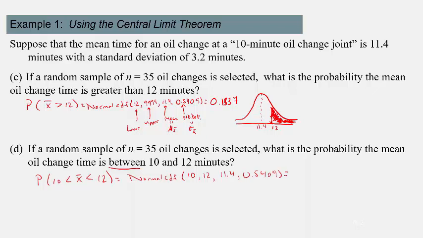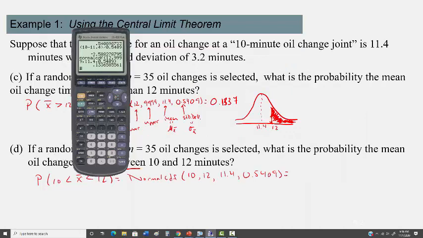So I'll just do this one in the TI-83. So second function distribution, normal CDF. So this one is going to be 10, comma 12, comma 11.4, comma 0.5409.